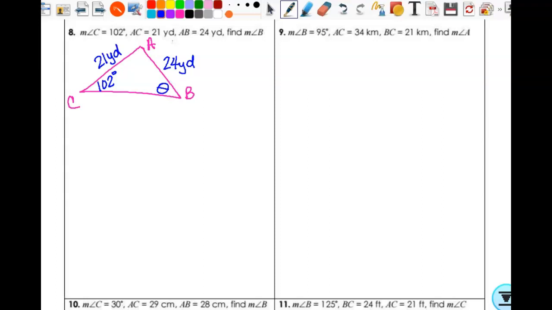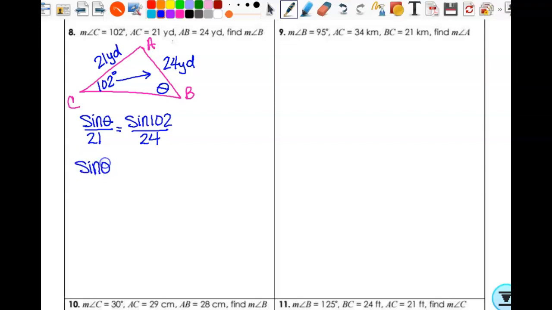Okay. So the setup's the same as what we did on the last two and what we were doing yesterday. This angle is across from 21. So I'm going to take the sine of theta over 21 equals the sine of 102 over 24. Get sine by itself by multiplying by the denominator.